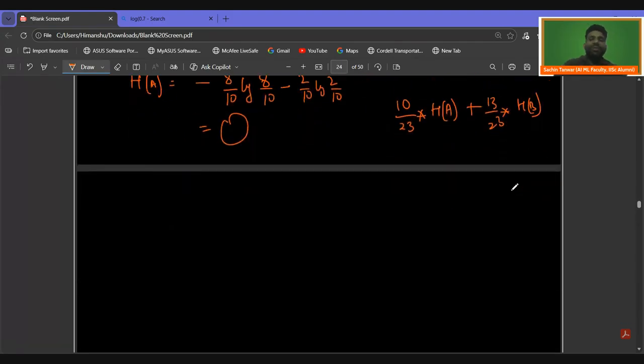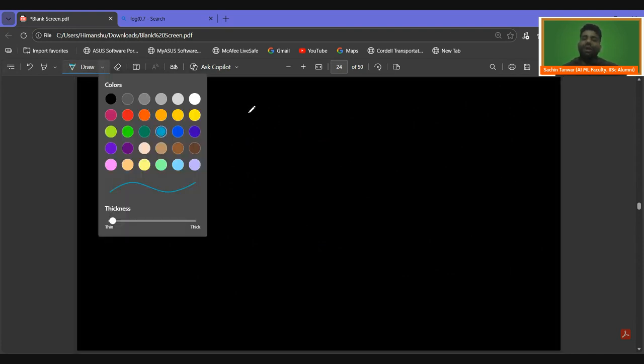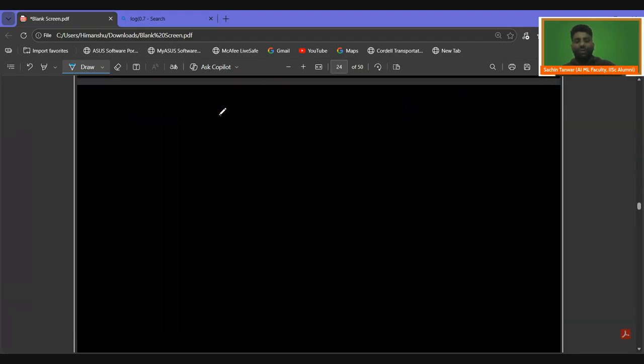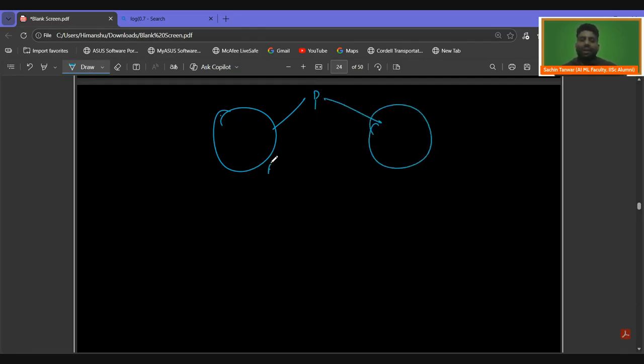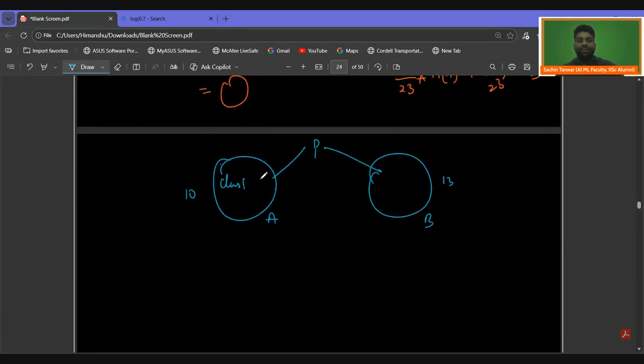Okay, that is how we use the entropy. If I talk about the Gini impurity, the Gini index based idea, what do we do in that? So same idea. Yeah, so we know the formula. So this was the parent. We had this A, B, 13 data points, 10 data points. Class 1 was, what was that? 8.